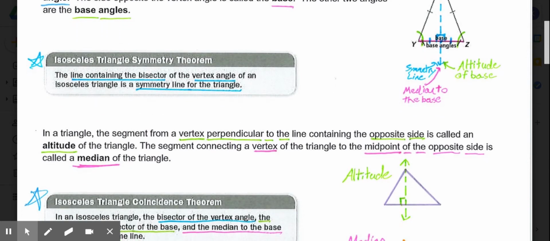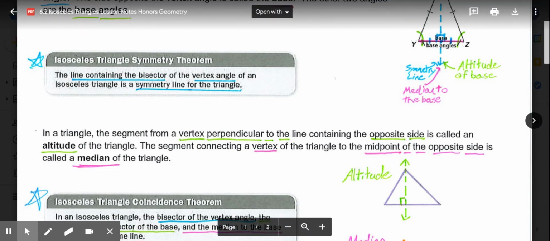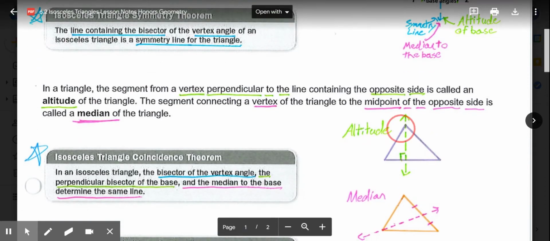Then, two other vocab terms: an altitude and a median. In a triangle, the segment from any vertex perpendicular to the line containing the opposite side is known as an altitude. An example is right here.